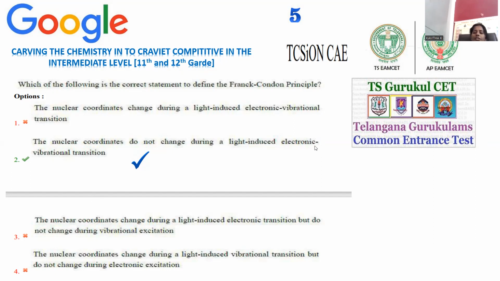Here, electronic transitions are part of UV-visible spectroscopy, vibrational part of IR spectroscopy. Whenever it is a photochemical reaction, photo-induced reactions always, you can notice electronic and vibrational transitions in the molecule. And nuclear coordinates do not change during the light-induced electronic vibrational transitions.